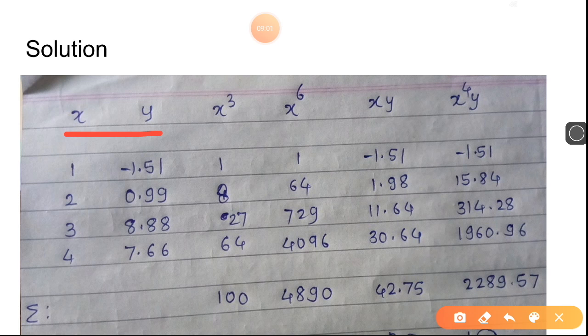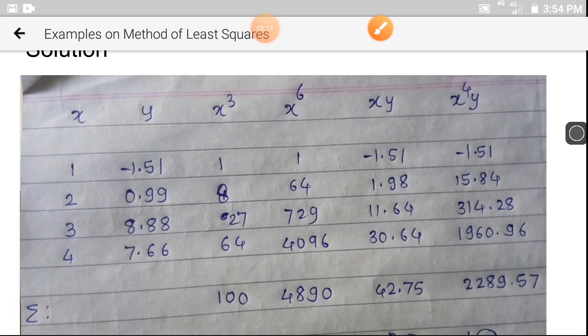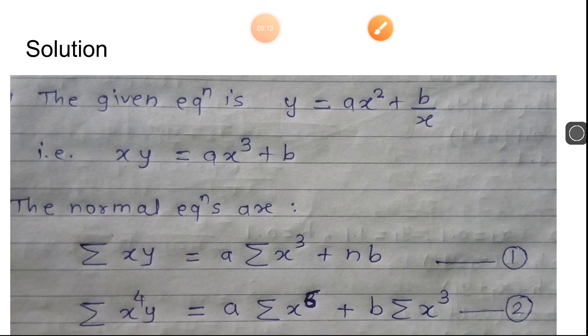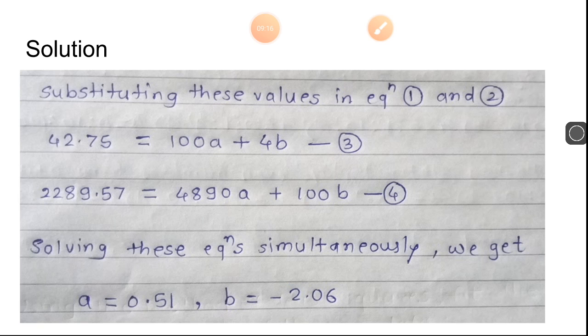From this, we need to calculate x cube, x to the power 6, xy and x to the power 4 into y. In the last row, there is summation. Using these values, these values are substituted in normal equations. So after substituting these values, the equations will be as shown by equation 3 and 4.